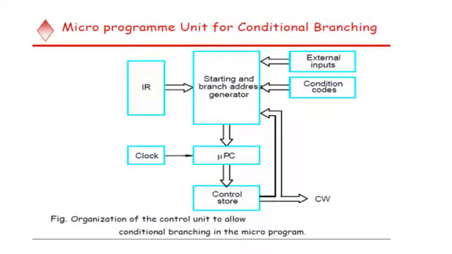When a branch microinstruction is encountered and the branch condition is satisfied, the microprogram counter is loaded with the branch address. When an End microinstruction is encountered, the microprogram counter is loaded with the address of the first control word in the microroutine for the instruction fetch cycle.